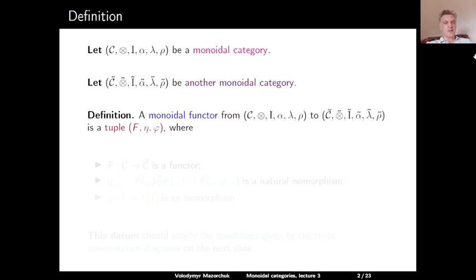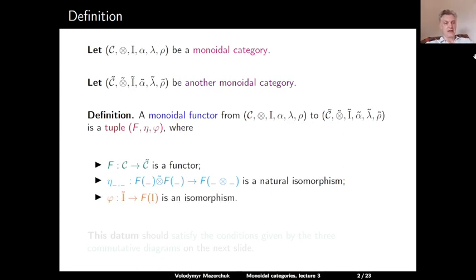Definition: a monoidal functor from C to C tilde is a tuple which consists of a functor F from C to C tilde, a natural transformation eta from the bifunctor given by tensoring in the category C tilde of the two images of F to the bifunctor given by applying F to the tensor product in C, and an isomorphism phi from the identity object in the category C tilde to the image of the identity object in the category C under F. This datum is supposed to satisfy the following conditions.